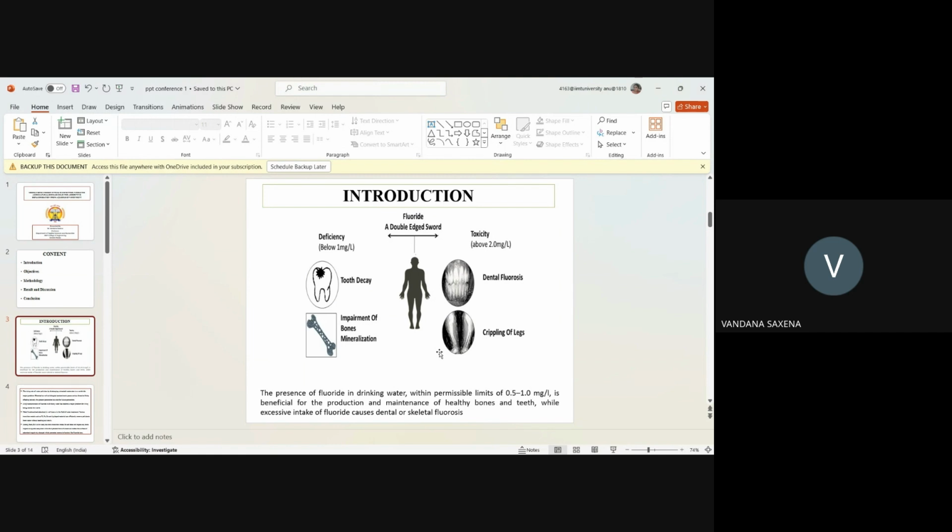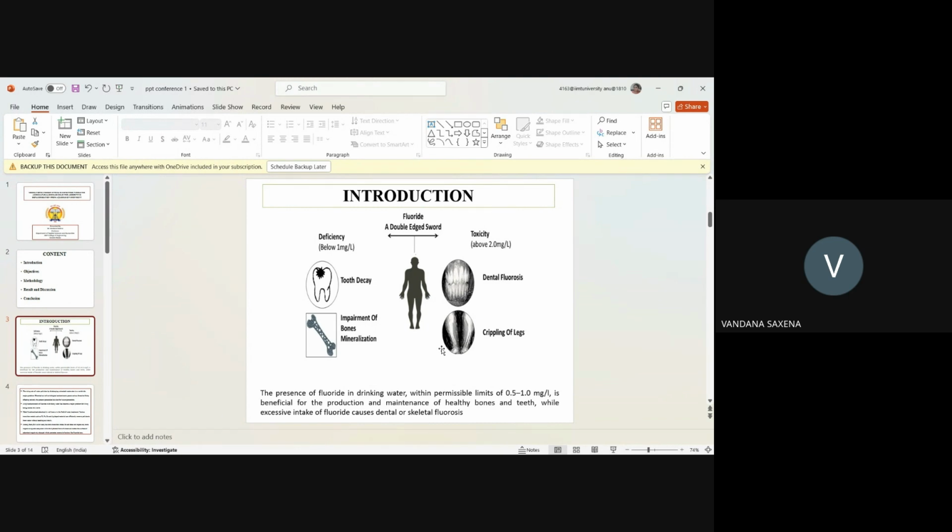But now, due to heavy pollution, the scenario has changed, and we are facing toxicity in water bodies due to fluoride contamination. Fluoride toxicity results in fluorosis, a condition that impacts dental health, called dental fluorosis, and skeletal health, which causes crippling of the legs, called skeletal fluorosis.